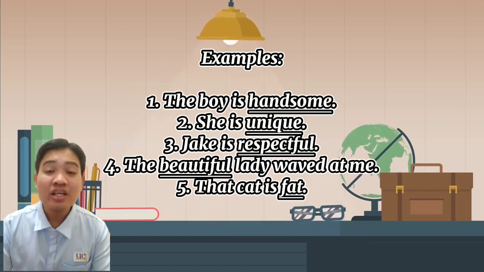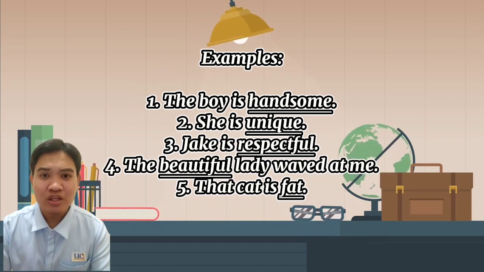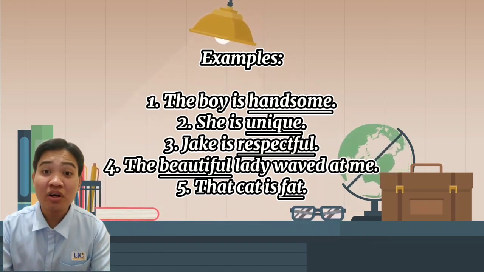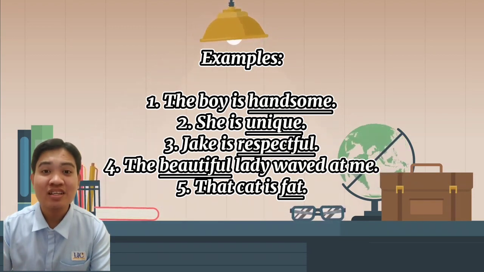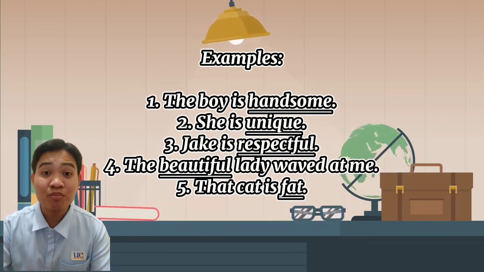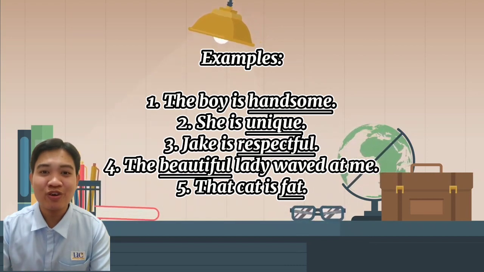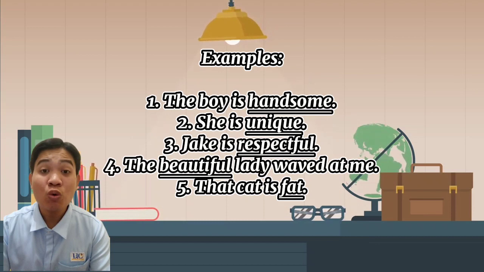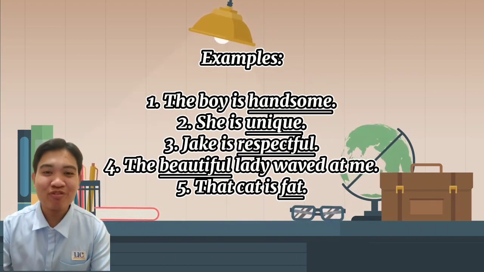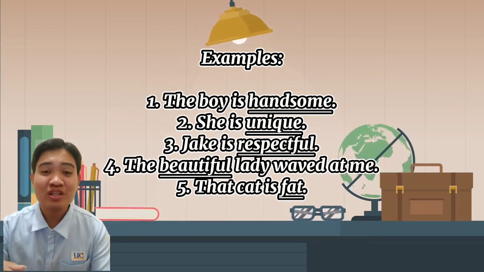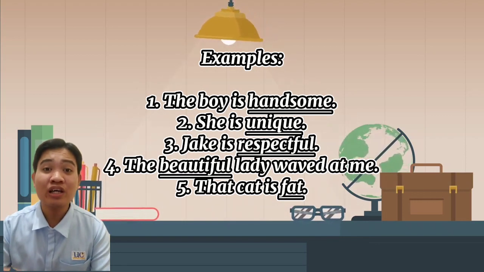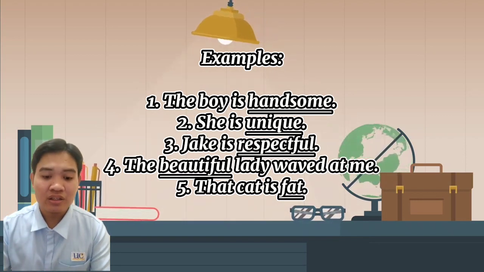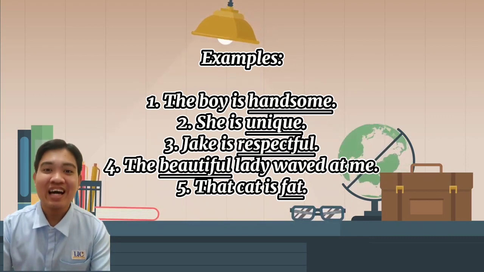Third one: Jake is respectful. The word respectful here describes Jake, which is the noun or the subject of the sentence. So therefore, it is an adjective. Fourth one: the beautiful lady waved at me. The beautiful here describes the lady. What kind of lady waved at me? So therefore, the word beautiful is an example of an adjective.